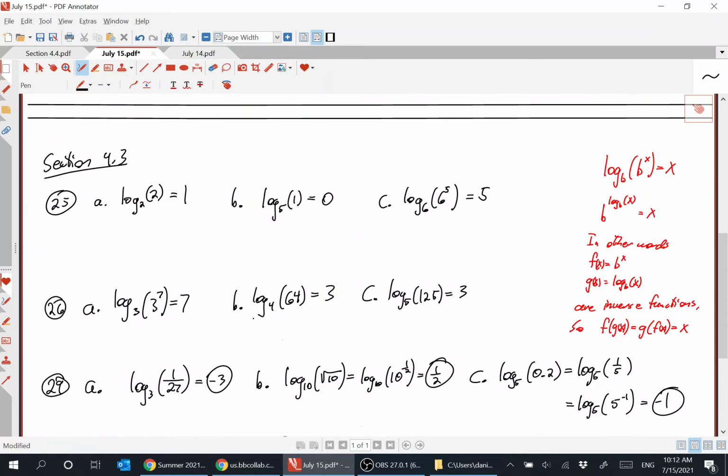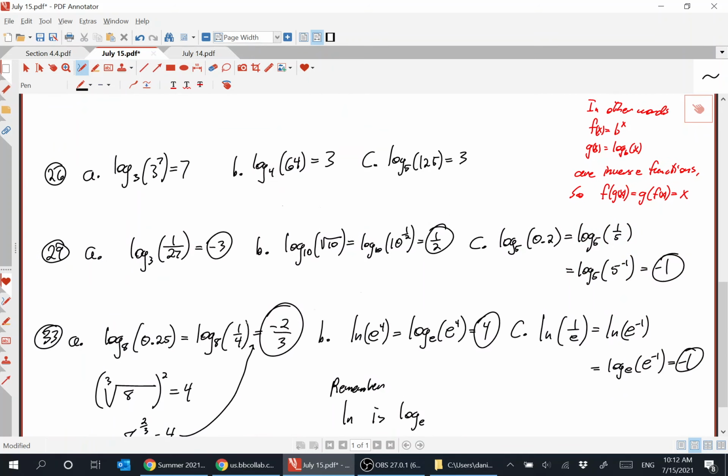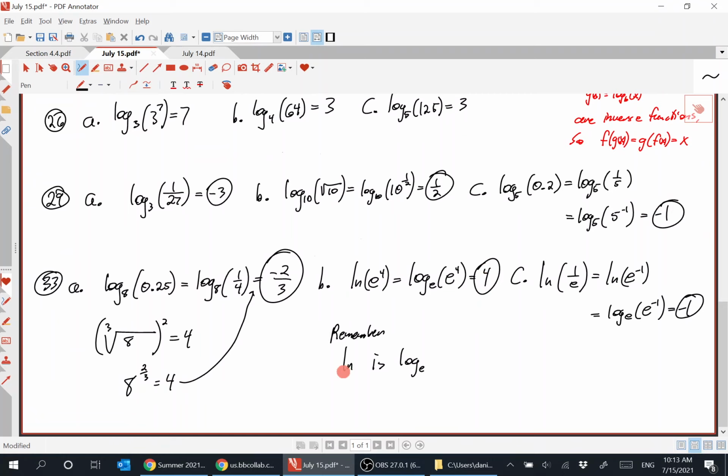So which ones did I assign? 30 and 32. There are some nice examples in there. In 32, by the way, they use the ln notation. Remember, ln is log base e.